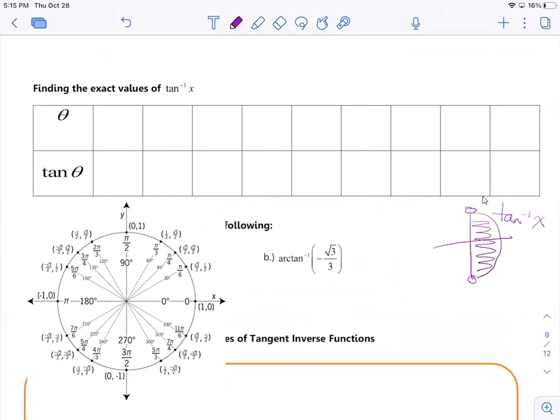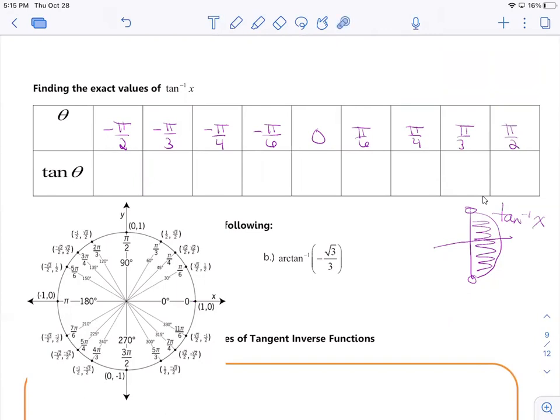These are the only two quadrants we're going to look in. So we start at negative pi over 2, then negative pi over 3, then negative pi over 4, then negative pi over 6. Then we hit 0, and then it's pi over 6, pi over 4, pi over 3, and pi over 2.